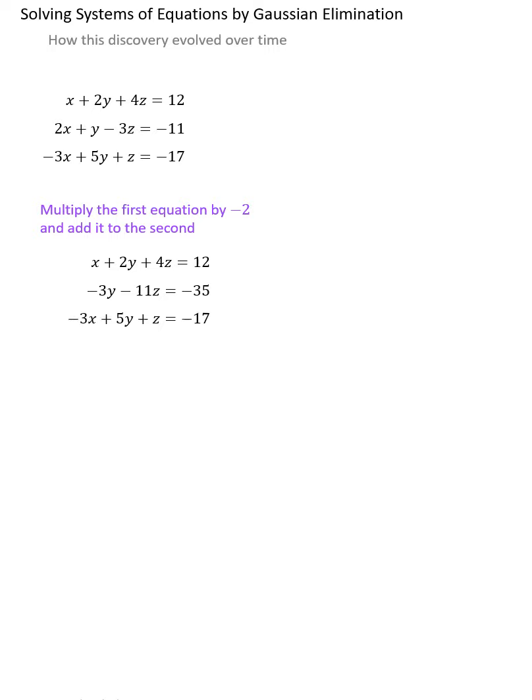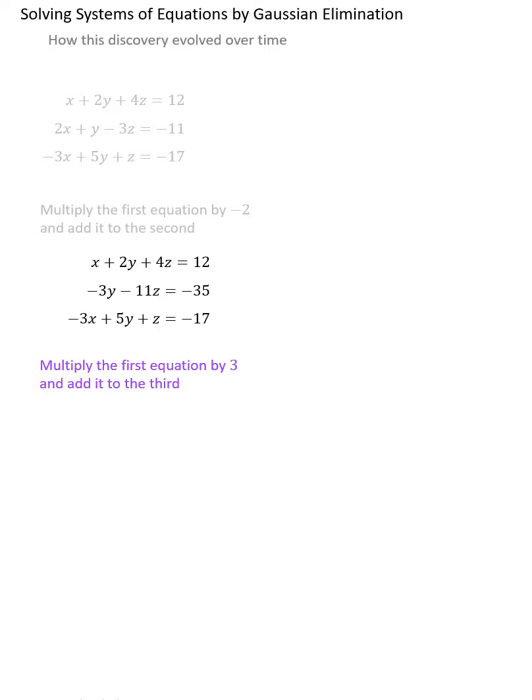If right now you're feeling like, I don't understand where the -2 came from, don't worry, we're not in the how-to portion of this video yet. I'm simply showing you what mathematicians have done in the past. They noted that if they multiply certain equations by clever choices of numbers and add them to other equations, they can eliminate variables, and that's what happened here.